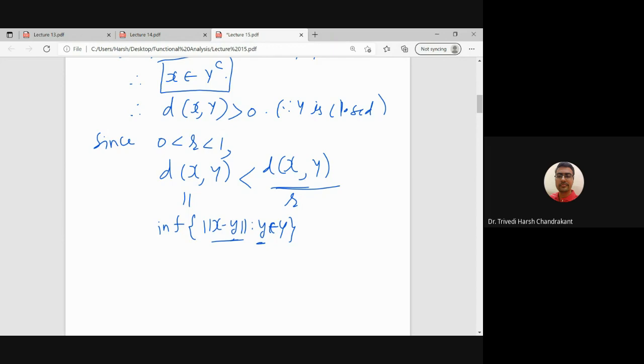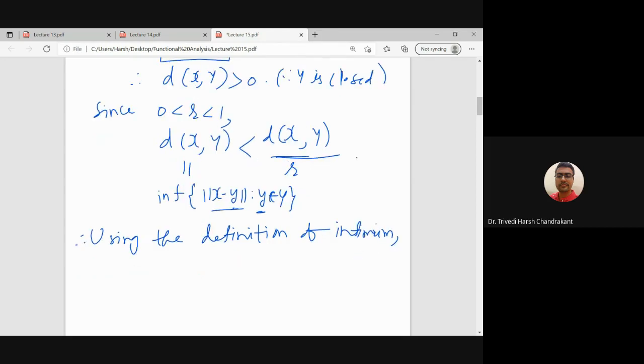Right. So since this holds, this is less than this, and then using the definition of infimum, there exists an element. Now this element which exists in Y actually depends on r.